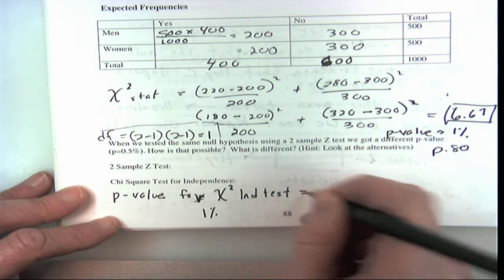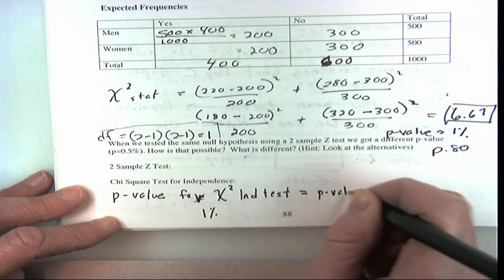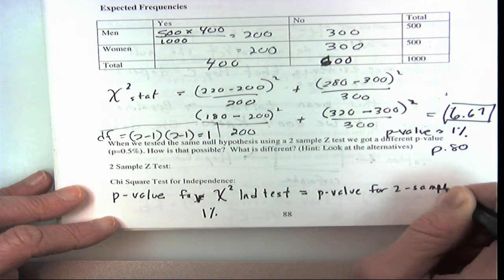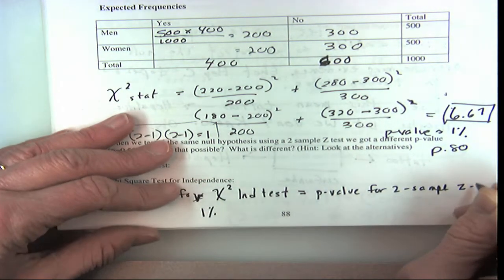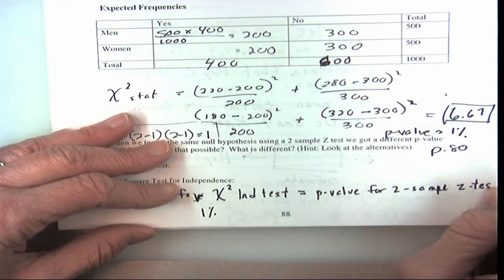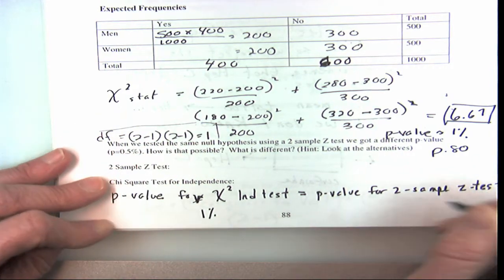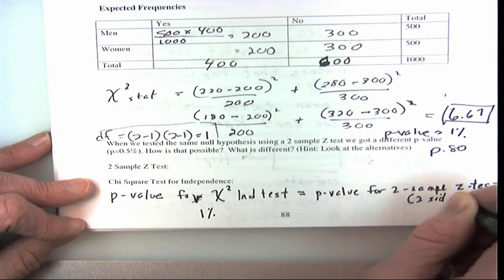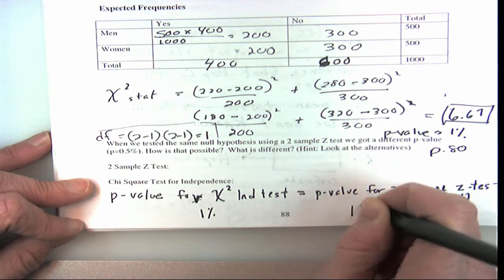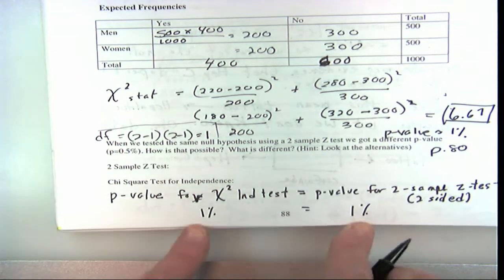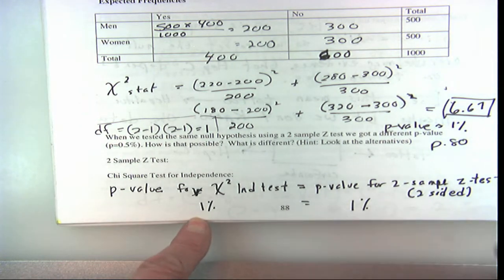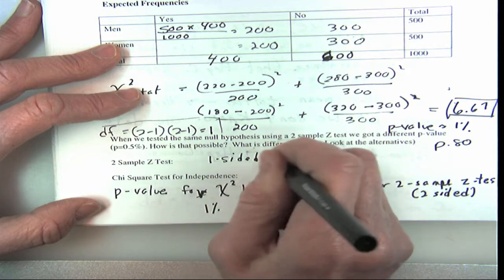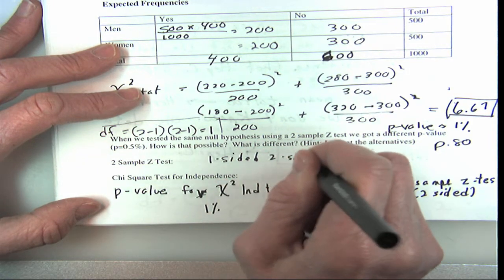And that is equal to the p-value for the 2 sample z-test when it's 2-sided. That was 1%. 1-sided was just half of that. The 1-sided 2 sample z-test gave us what?